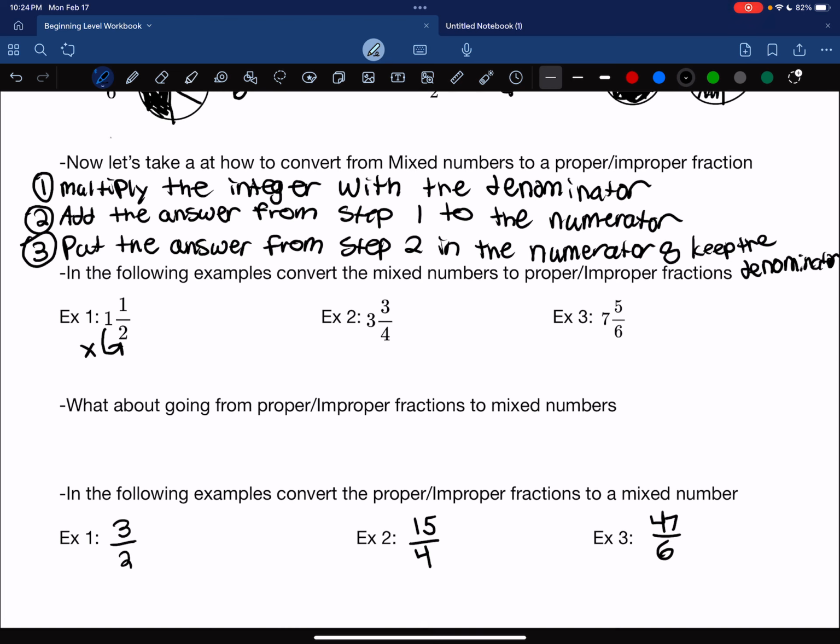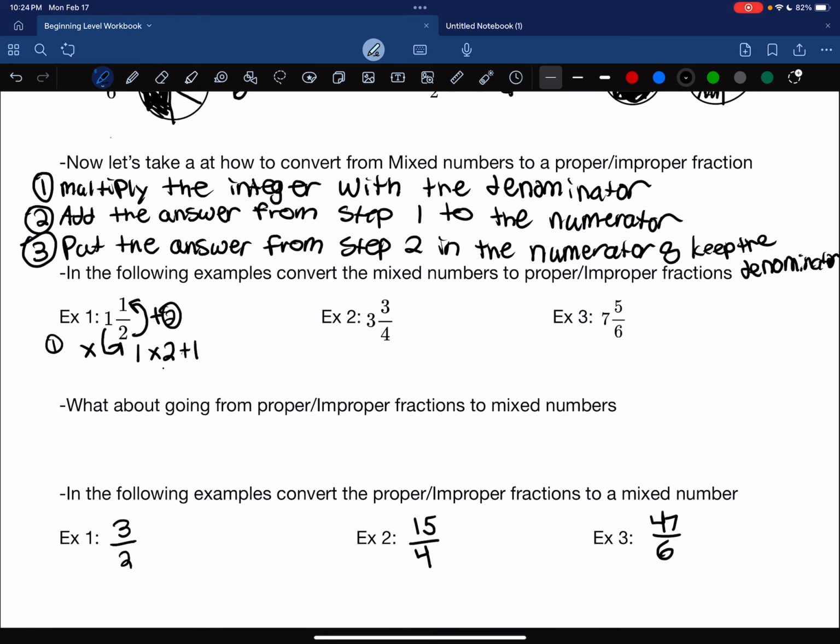And then whatever we get from that answer, we're going to add that to the numerator. So in other words, this is our first step, this is our second step. So we have our first step, which is 1 times 2. And then our second step is to add a 1, because our numerator is 1.